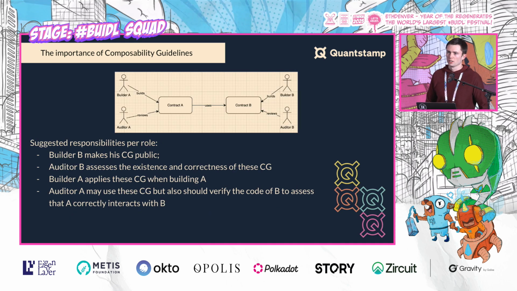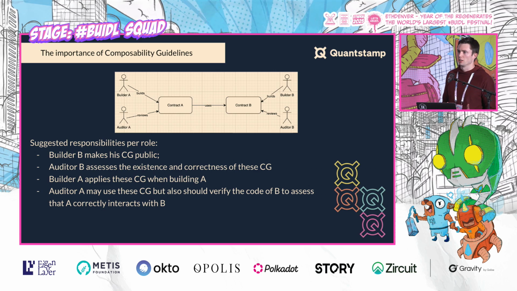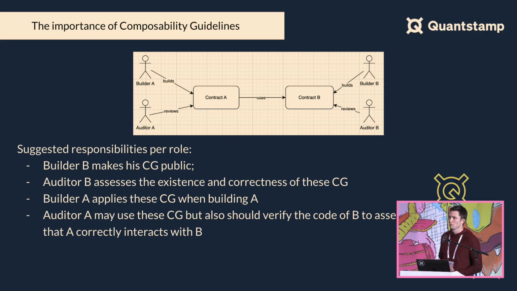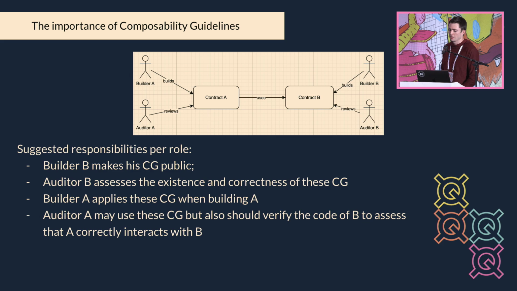Here's a situation of how it would look when an auditor needs to audit a protocol that has integrations. In this example, we have both contracts A and B, and we can say that A and B both have different builders and different auditors.